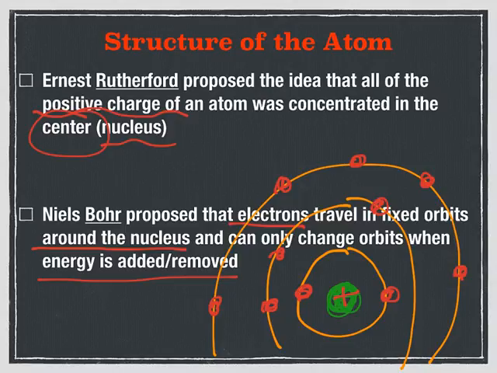Okay. Now, the second part of that says electrons can only change orbits when energy is added or removed. So all that means is if this electron wants to get to this energy level, we would have to add some energy to it.